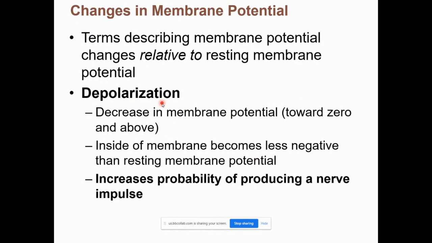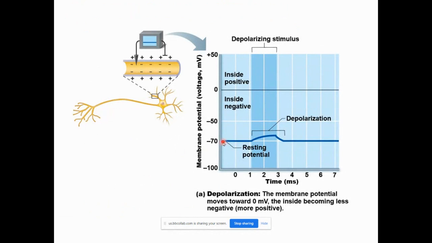The word depolarization means we have a greater chance of producing a nerve impulse, whether it's a graded potential or action potential. Here's negative 70. By the way, you get a nerve impulse when the negative becomes positive, right? When we cross the 0, now that's a nerve impulse, so these charges flip. So right here, look what happened to the membrane. It was at rest, negative 70, but all of a sudden we got closer to 0, right?